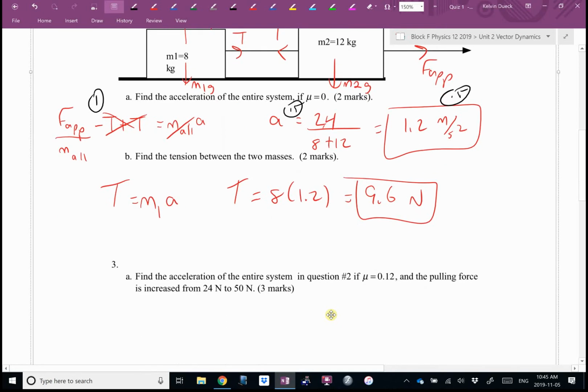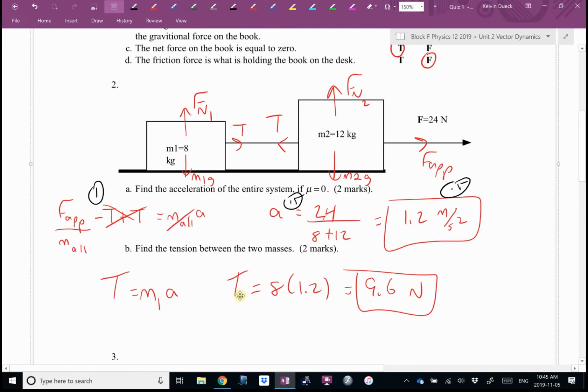Number 3 is the same question as number 2, except I'm going to add friction. And when I first made this up and added friction, nothing moved, so I had to up the applied force to 50 newtons. So I'll do in blue what I would add for number 3. I would add a friction force number 1 and a friction force number 2, and that's 50.